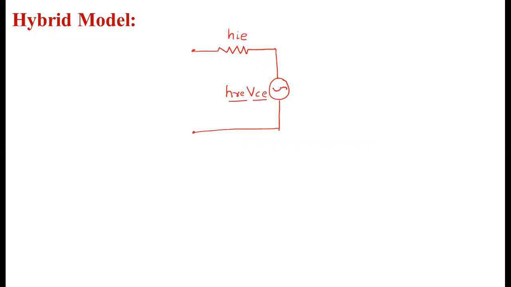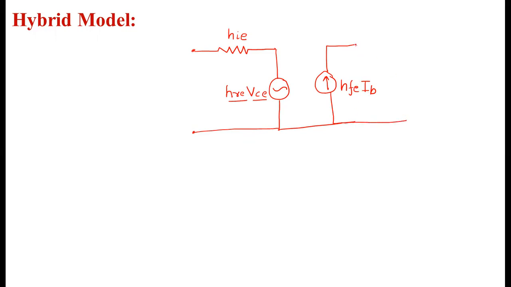This is the input section, and at the output section we have the current source HFE IB, where HFE is the forward current gain for common emitter, and IB is the input current.